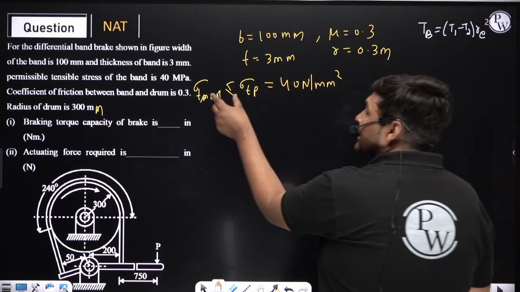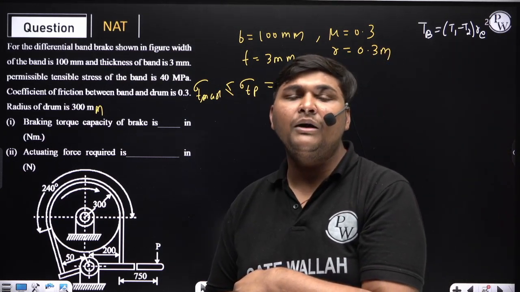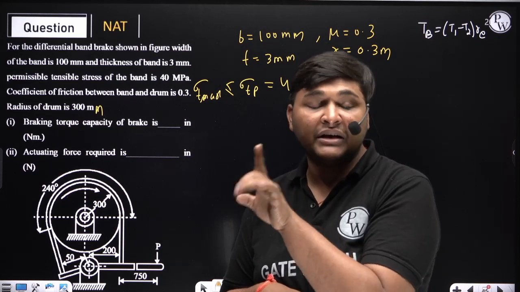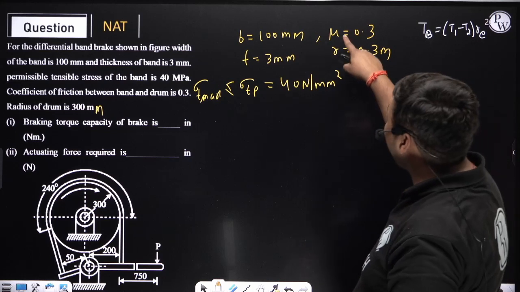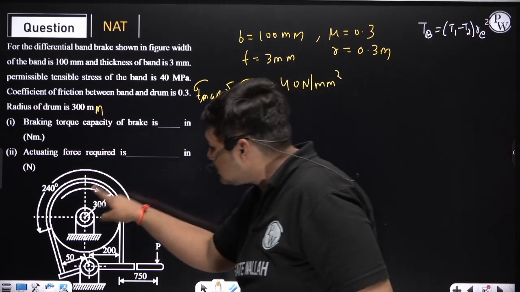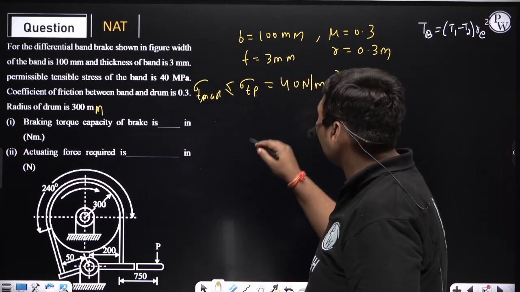Since maximum tensile stress is given, can I find T1? The formula of maximum tensile stress is T1 upon BT, and width and thickness are given, so we can find T1. In this question mu and theta are given, and from this diagram you can see the angle of contact theta is 240 degree.